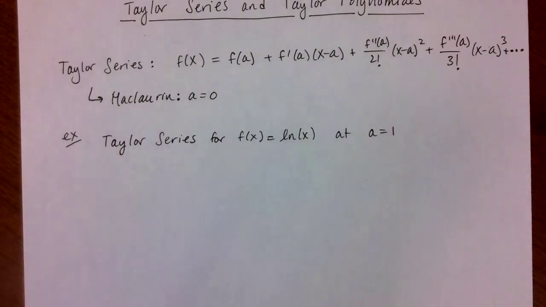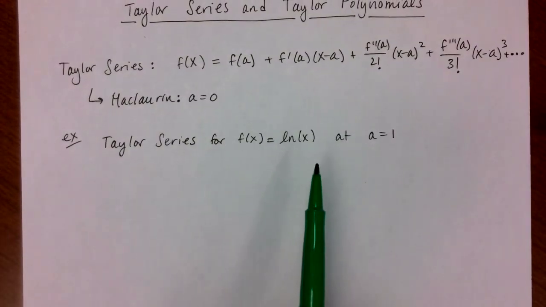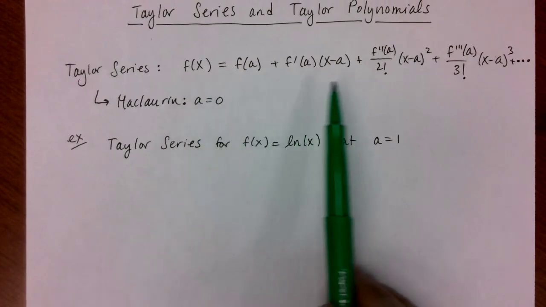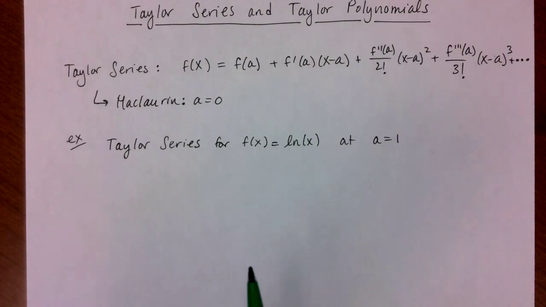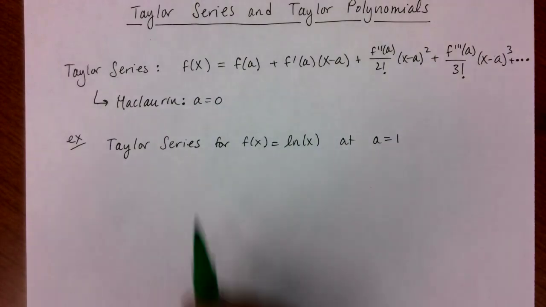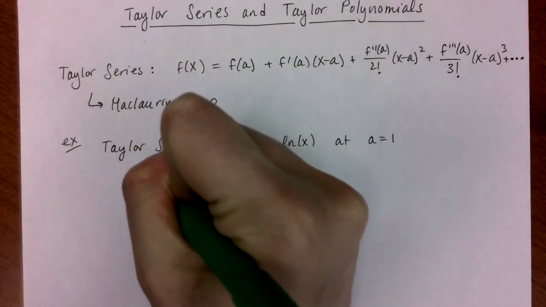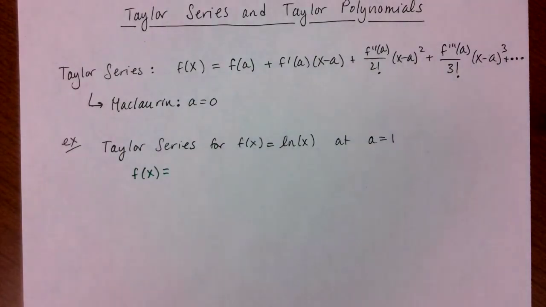The first thing I'm going to do to start off this Taylor series is to just write out this standard formula with the a equals 1 filled in. So every instance of a up top, I'll put a 1. We can say f of x equals, because this is equal to the function, or we can just put Taylor series equals if we'd like.